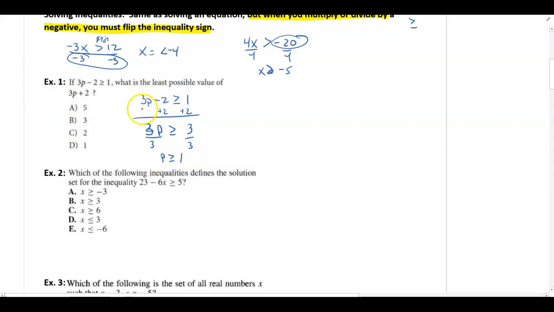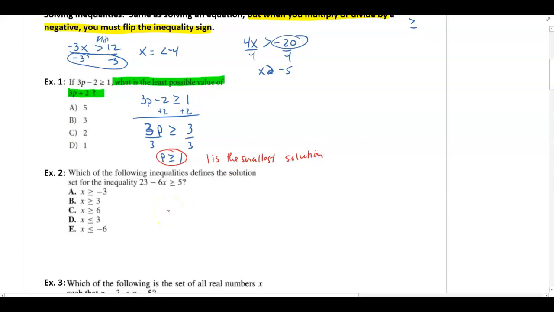Now, this goes back to one of those problems we talked about before where there are 2 steps to it. One is solving the inequality, but the second part is answering the actual question. What is the least possible value for 3p plus 2? When this says p is greater than or equal to 1, that means 1 is the smallest solution to the inequality.